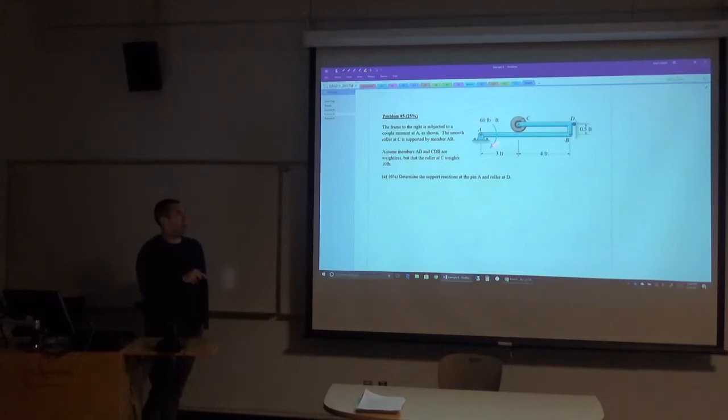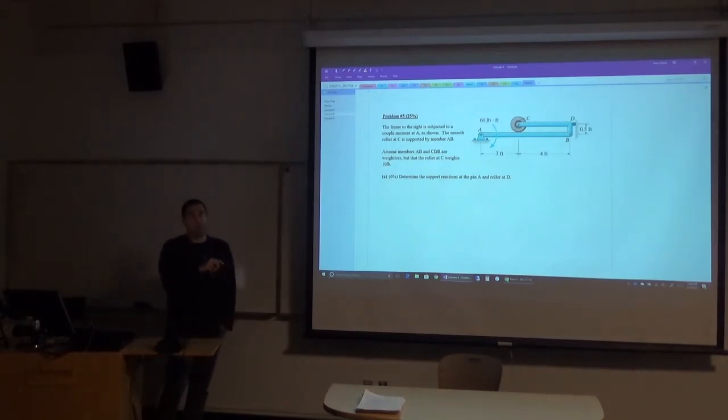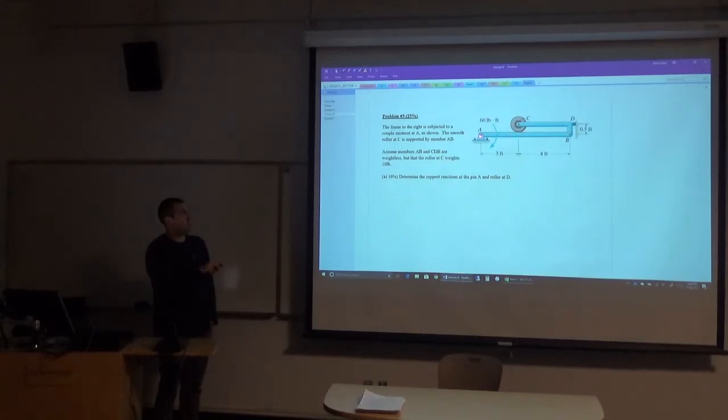Can I apply a couple moment to a pin, at the location of a pin? Because I've told you a million times, a pin cannot support a moment. So does this first sentence even make any sense? It does, because what a pin cannot do is transfer a moment from this system down to the support, or vice versa.